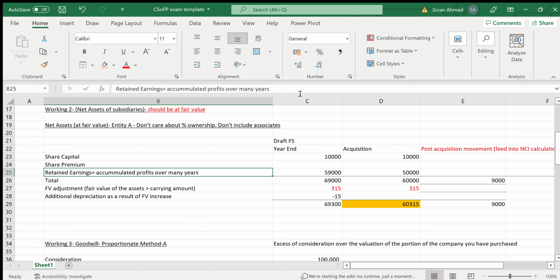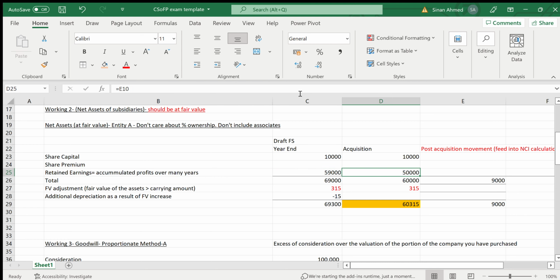Next we have the retained earnings. The way to think about this is that retained earnings is the accumulated profits over many years. So it's a measure of how rich people are getting, or how the business is performing over the long term. And as a group, we only care about the movements in retained earnings after acquisition, after the entity became part of the group.